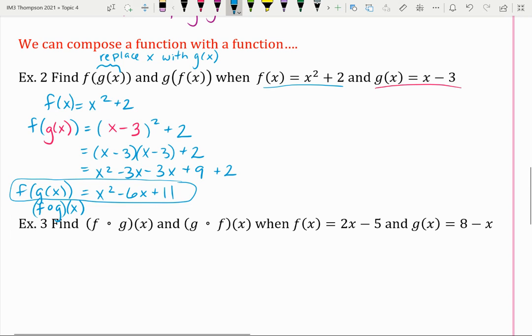The problem says to do it both ways. Compose f of g of x and g of f of x. So we're going to do the other one on this side too. So the next one, I want to plug f of x into g of x. Well, I know g of x is x minus 3.